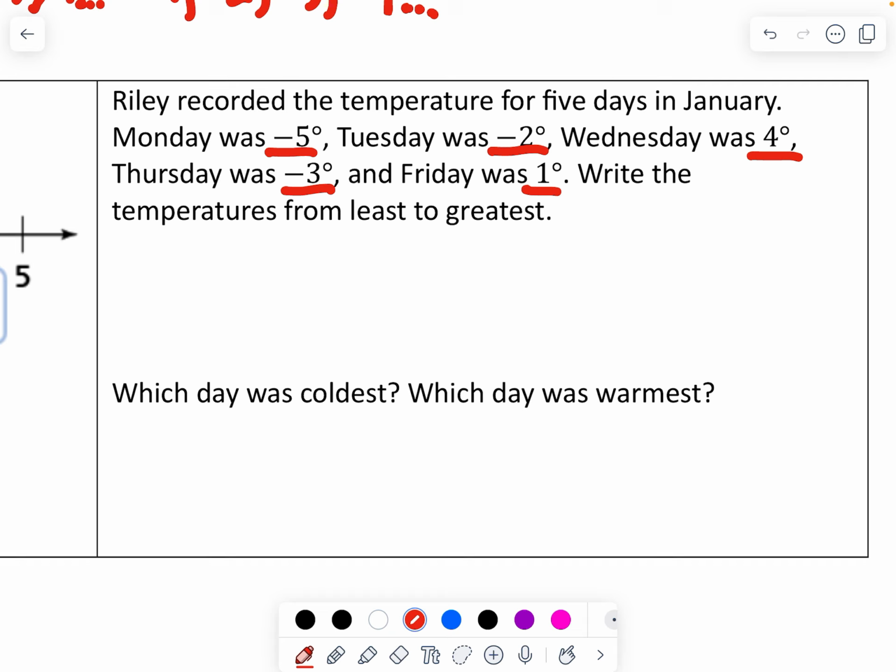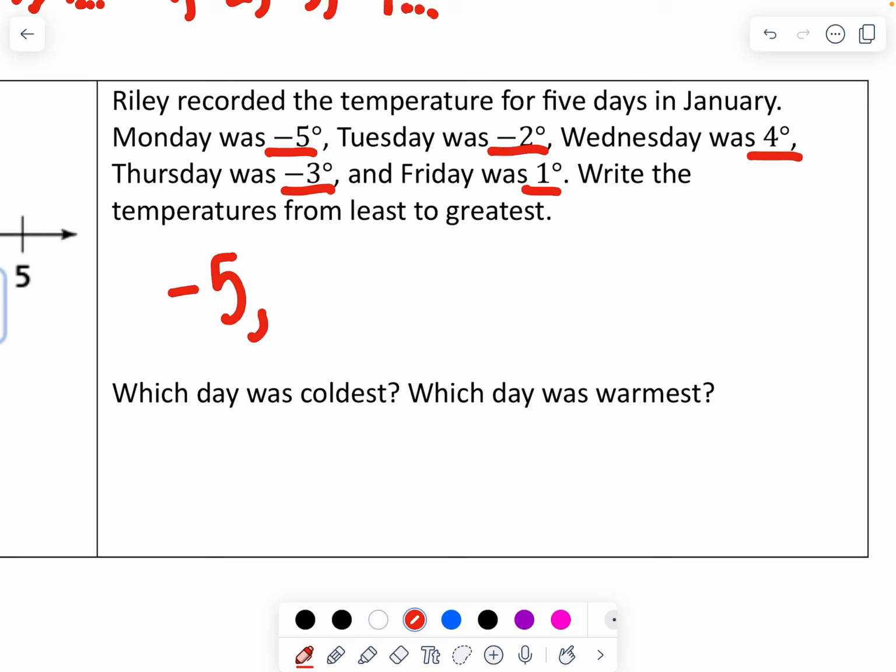So I want you to think of a number line. Okay, remember, our 0 would go in the middle, and then all of our negative numbers go on the left. So we want the farthest number from 0 to go on the left. So that would be -5. That one is the farthest from 0 that we have. And then, so we're just looking at our negative numbers, we have -2 and -3 left. Well, which one is farther from 0?